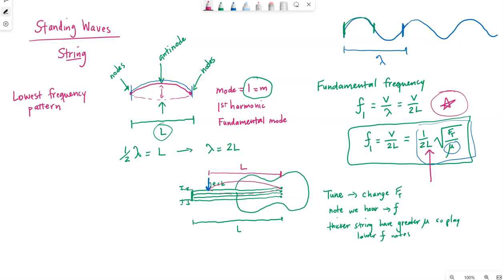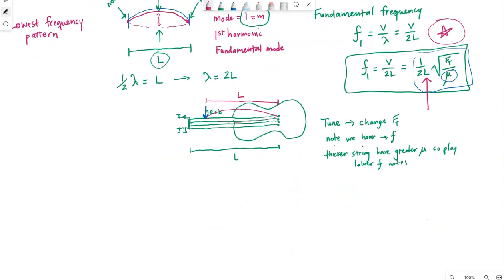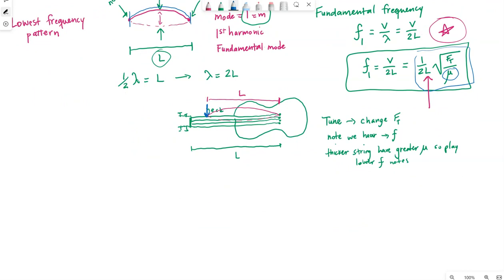Now, as we saw in the video, if we double the frequency, so it's the same string, but if we've doubled the frequency, we end up seeing two antinodes, so two big loops.